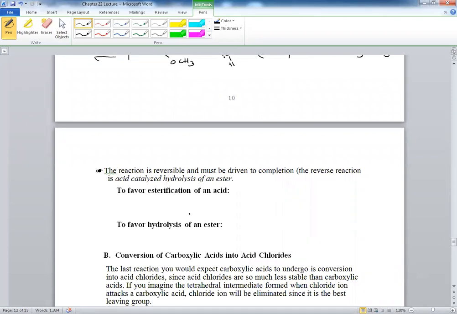To favor esterification of an acid, you have to do either excess alcohol or excess carboxylic acid.